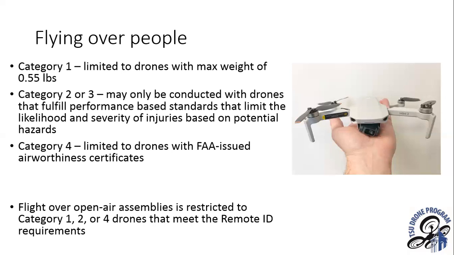It's going to be like a license plate. That signal is going to identify things like the owner and the registration number. It's going to be a lot more regulated in these situations, especially when a drone is flying over a lot of people. People are going to know who owns that drone and some of the different specifications related to that.